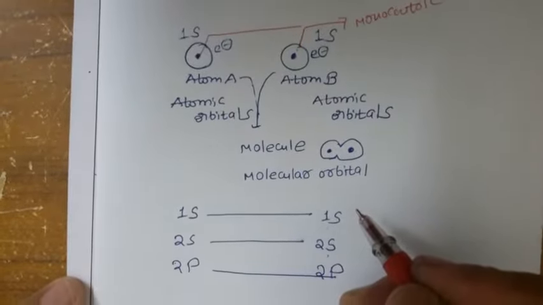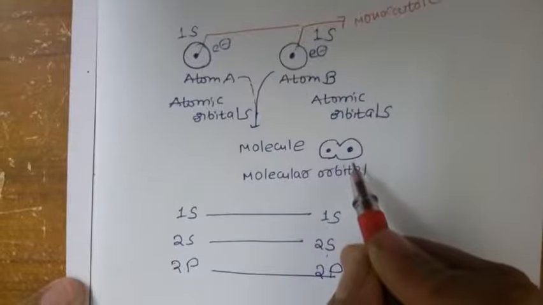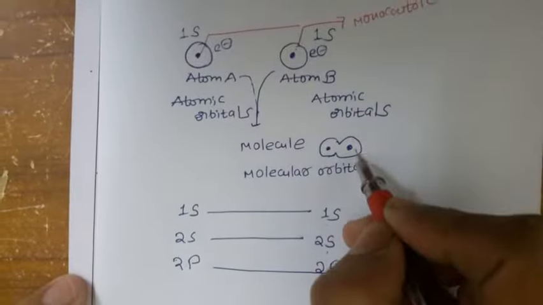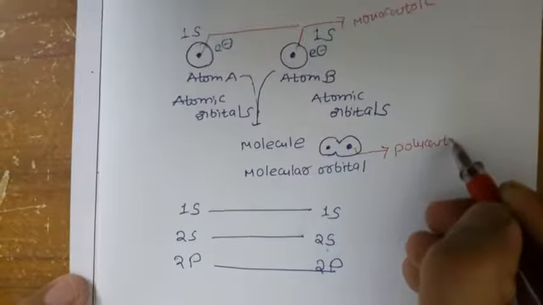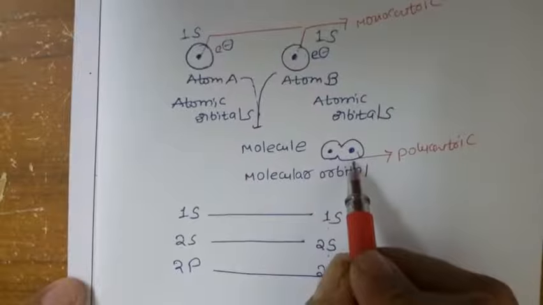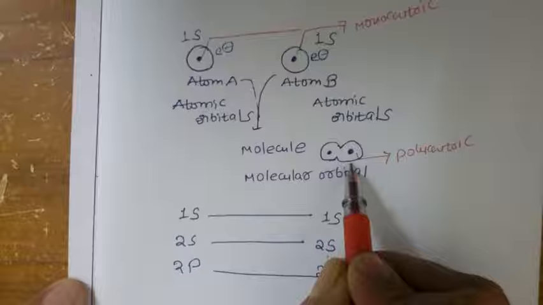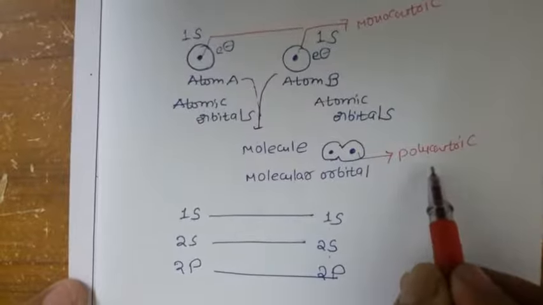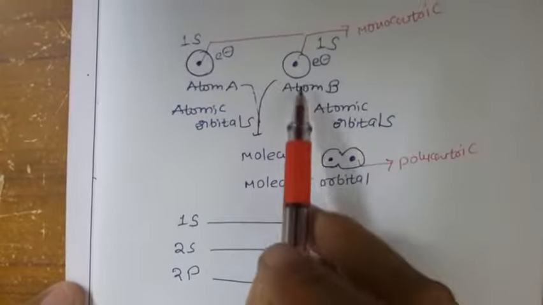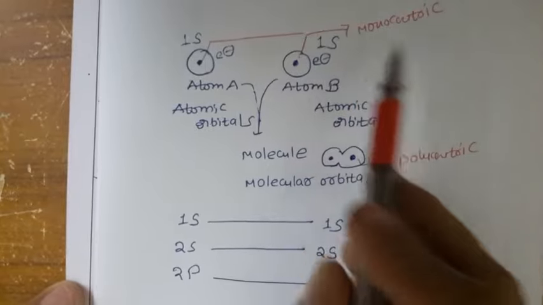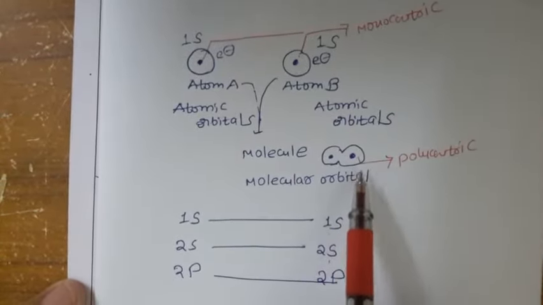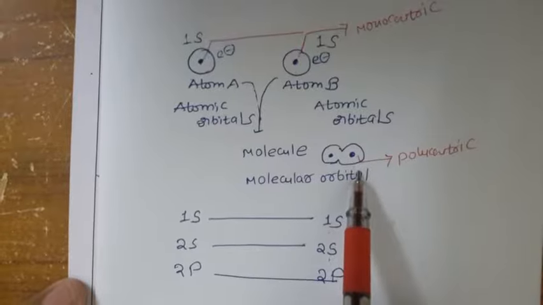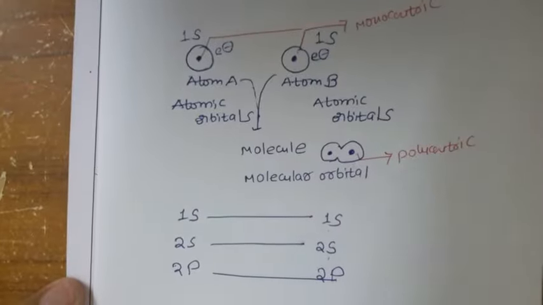Here we have more than one nucleus, so it is called polycentric. In case of an atom it is monocentric; in case of a molecule, the electron is influenced by more than one nucleus, so it is polycentric.